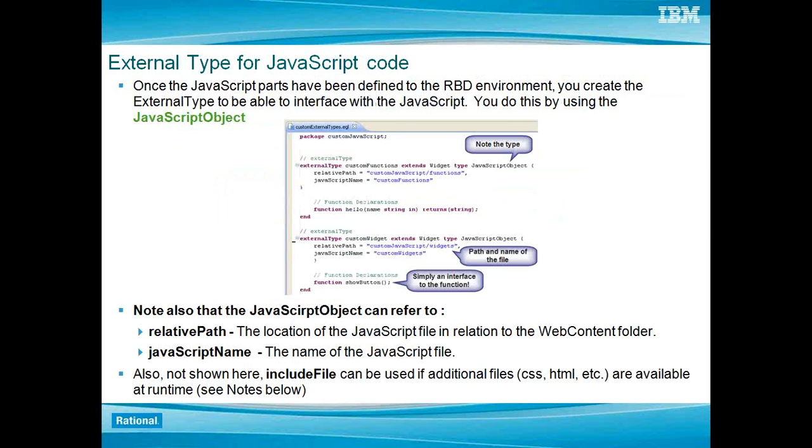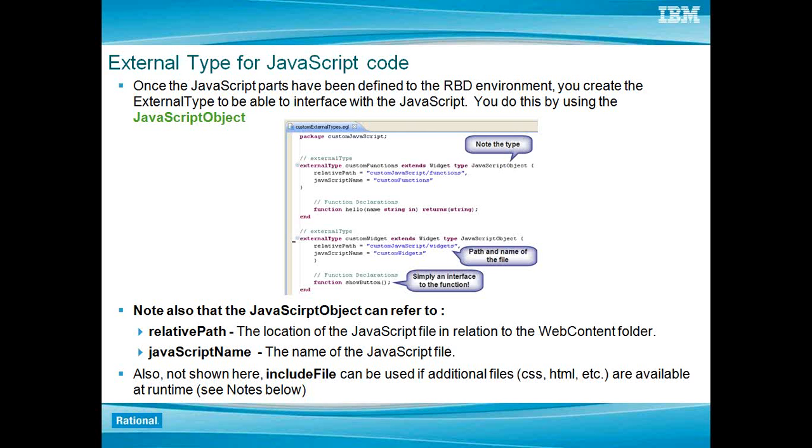Now we are moving to the mapping part, to an EGL file where we would be specifying this JavaScript path, the function names, the parameters and the return types. In the first one, we have created external type custom functions that extends widget library or widget class. Its type is JavaScript object.